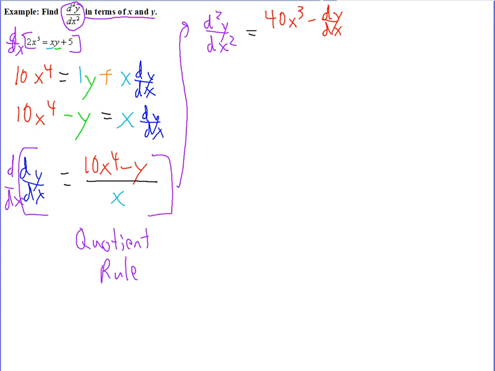And remember, that whole thing is in parentheses. That whole thing gets multiplied by the denominator as it is, x. And then minus the numerator as it is, 10x to the fourth minus y, times the derivative of the denominator is 1, all divided by the denominator squared.